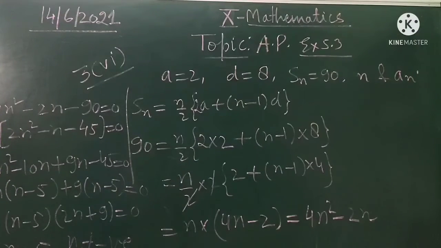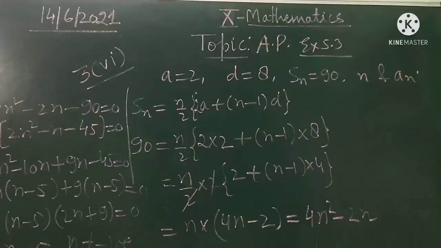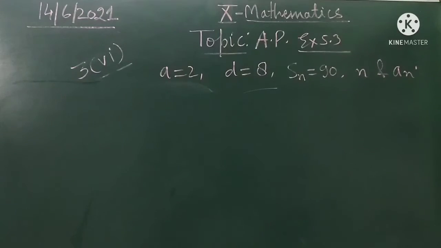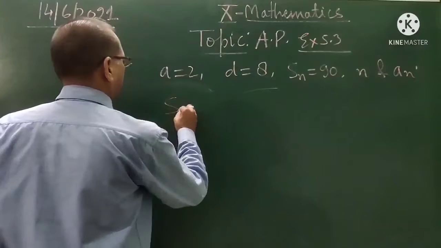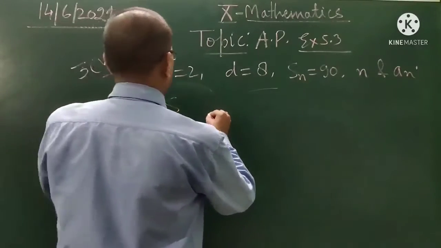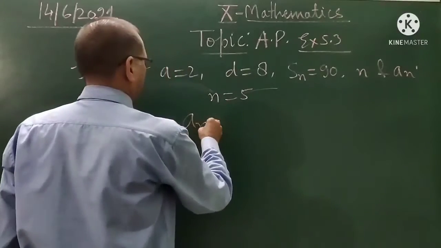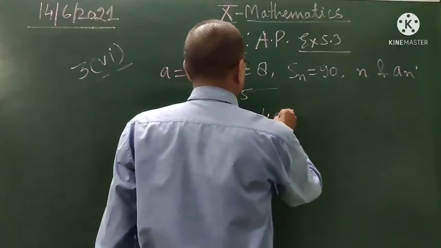Now we find an. So there is a formula of An. Here n equal to 5. So an equal to a plus 4d.